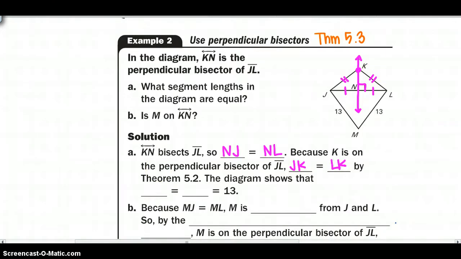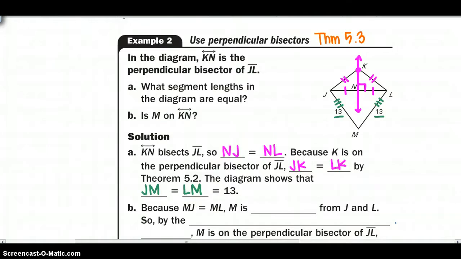Also in the diagram, I see the same measures on those two line segments, so I know that JM is equal to LM, and they are both 13 units.